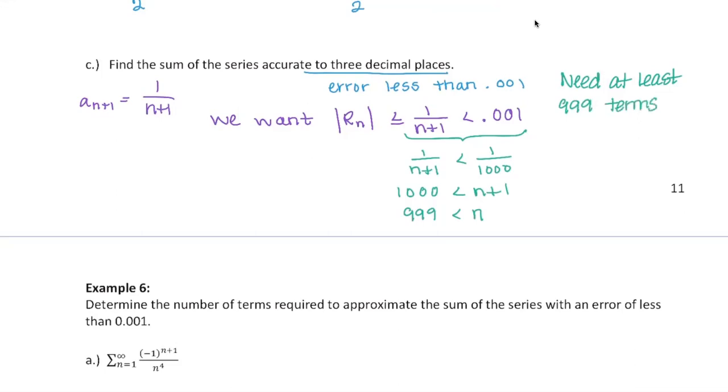Okay, so it asked us to go ahead and find the sum. Now you're not going to add up 999 terms by hand. Our graphing calculator can do this for us. So we want the sum from 1 to 999 of negative 1 to the N plus 1 over N. In your graphing calculators, as long as you have one of the newer versions, it's going to be math 0, and I'm sure you can figure out how to set it up from there once you get there.